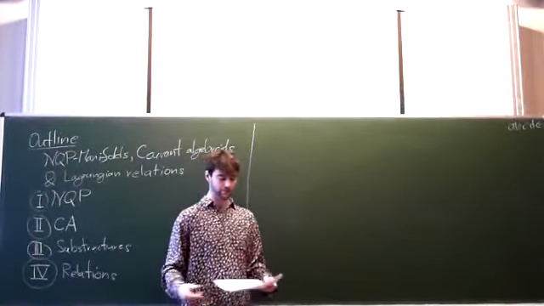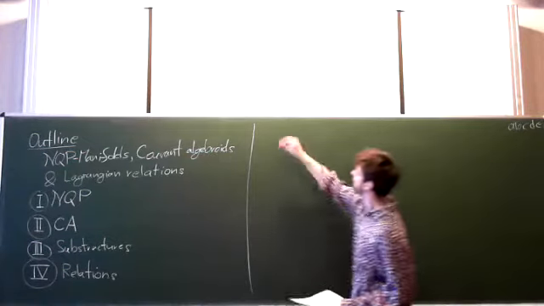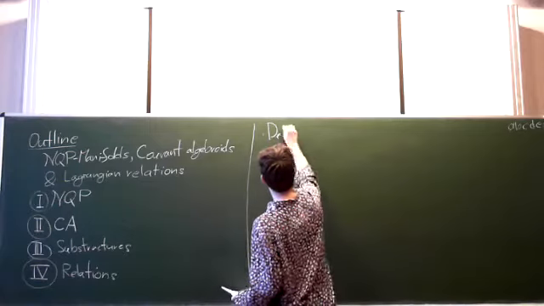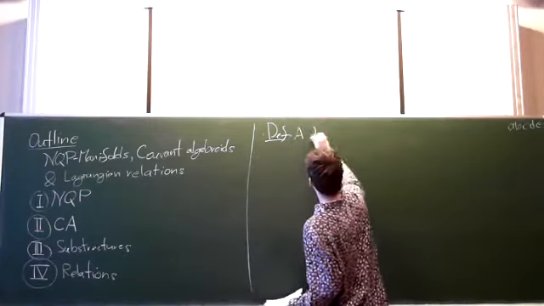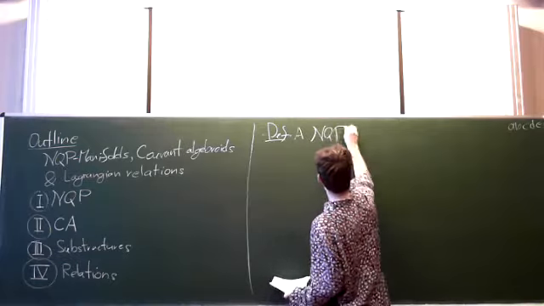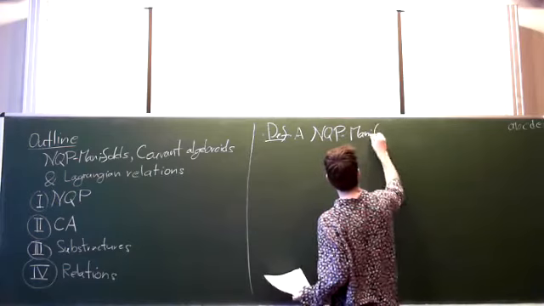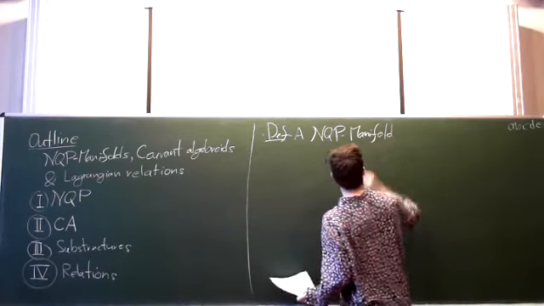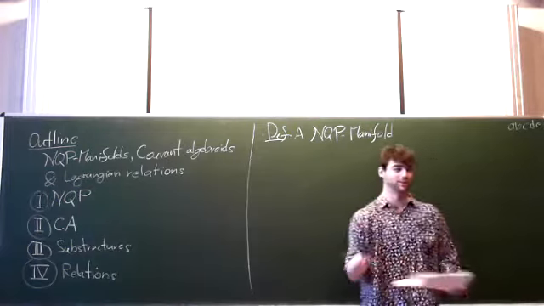Okay, so let me define an NQP manifold. Definition: a NQP manifold is informally a manifold with graded coordinates.